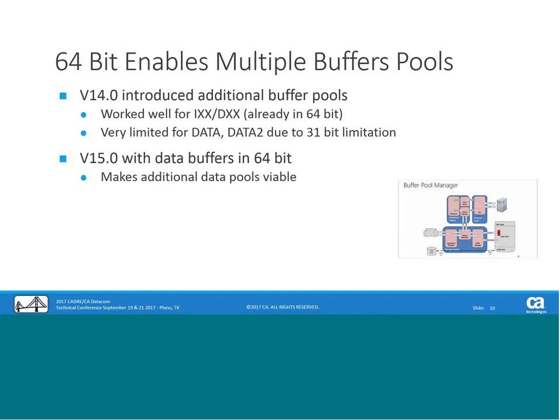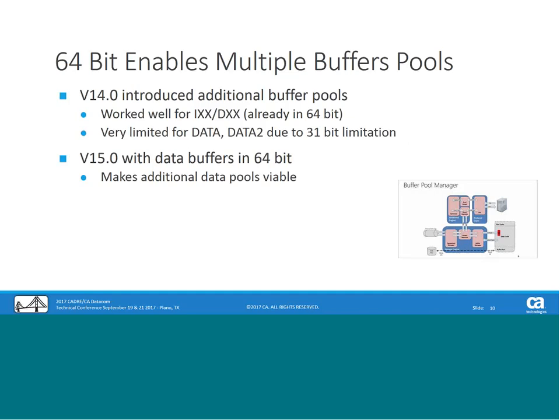Suddenly with 15.0 and the ability to put data buffers above the line, we now have the ability to truly implement a feature that has been available since 14.0, which is to create these additional buffer pools and have specific sets of data sets or data areas and index areas with their own buffer pools.